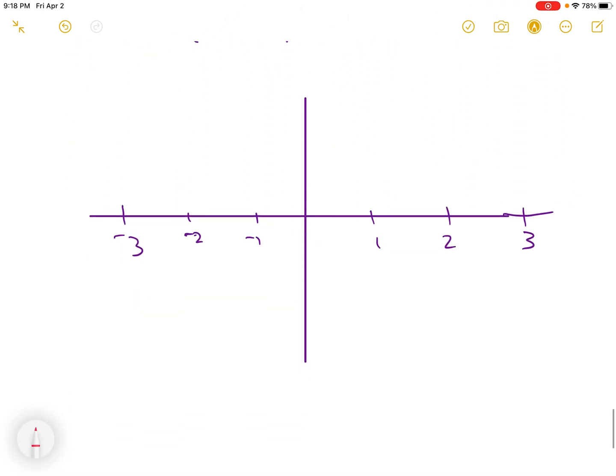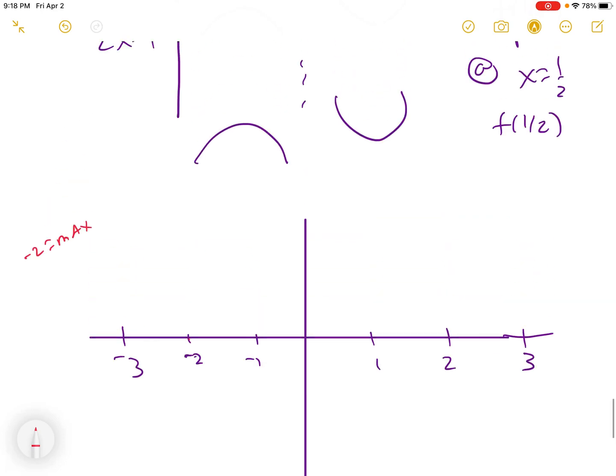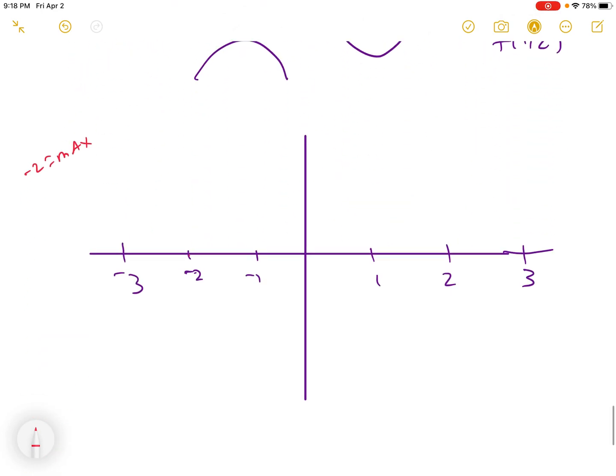There's a max. So over here at -2, there's a max. This is just notes to myself. 3 is a min. 1/2 is an inflection point. And we want to be concave down and concave up.